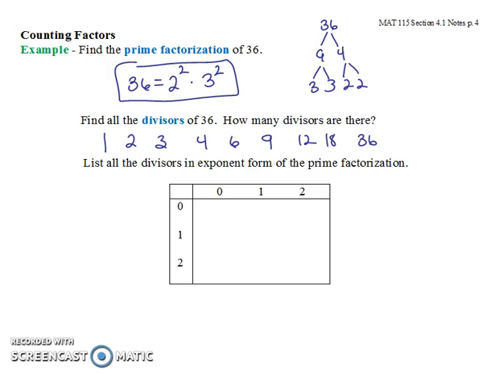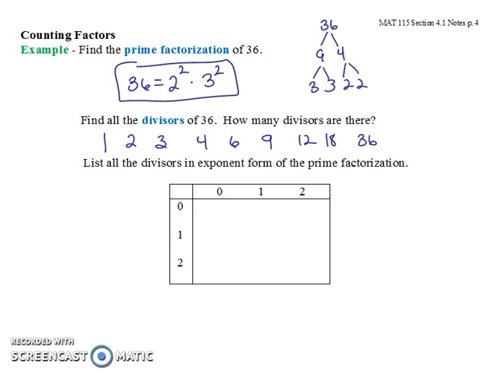So I'm going to list all the divisors in exponent form of the prime factorization because if you notice, 36 only has 2 prime numbers in its factorization. It has 2 and it has 3. And it has powers of those numbers.